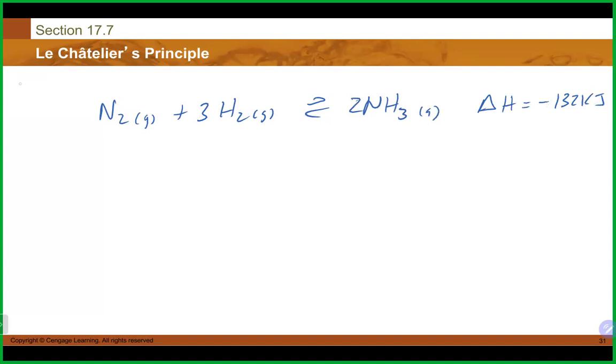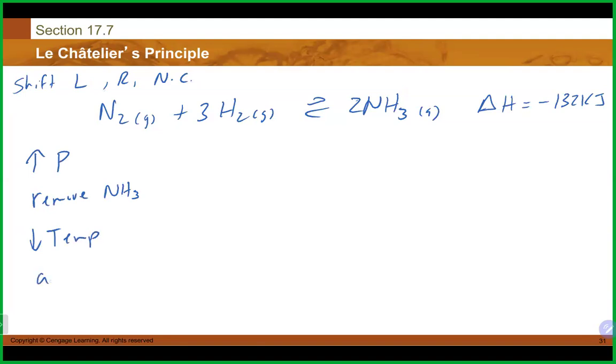All right, so in each of these cases, shift to the left, to the right, or no change. If we increase the pressure, remove NH3, we decrease the temperature, we add some N2, we increase the temperature.